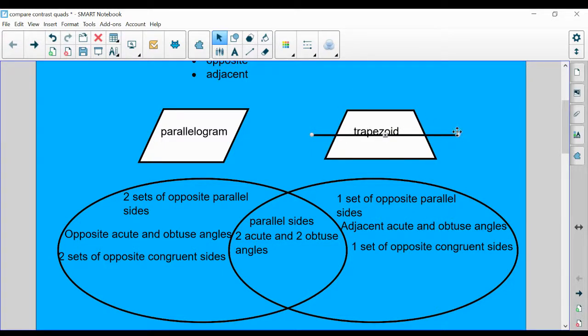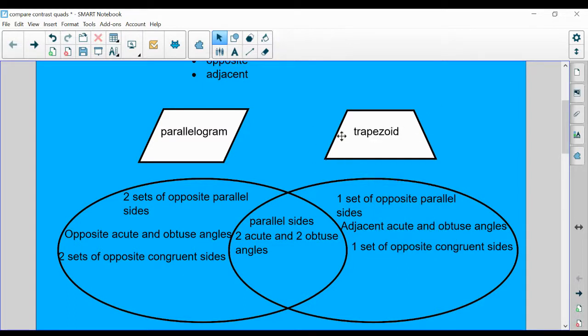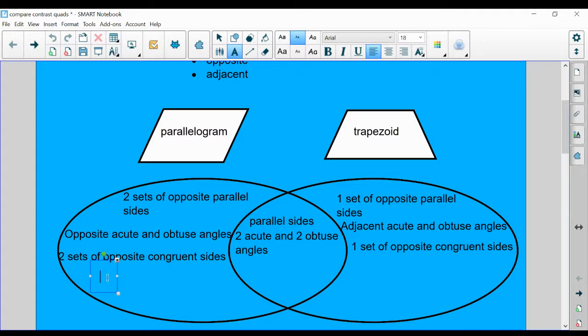So the trapezoid has exactly one line of symmetry. Definitely no symmetry going this way either. So one line of symmetry for the trapezoid, no lines of symmetry for the parallelogram. So I'm going to put that down as well. So as differences, no lines of symmetry. And finally, one line of symmetry.